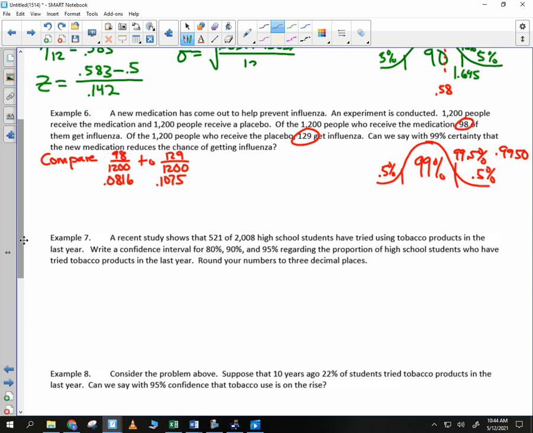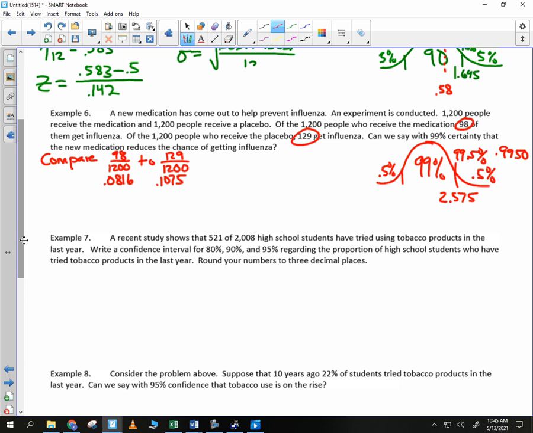Can anybody look at their sheet and determine the z-score for 0.9950? 2.575. You've got it. That's my mark. I've got to get to 2.575 or higher in order to be different.